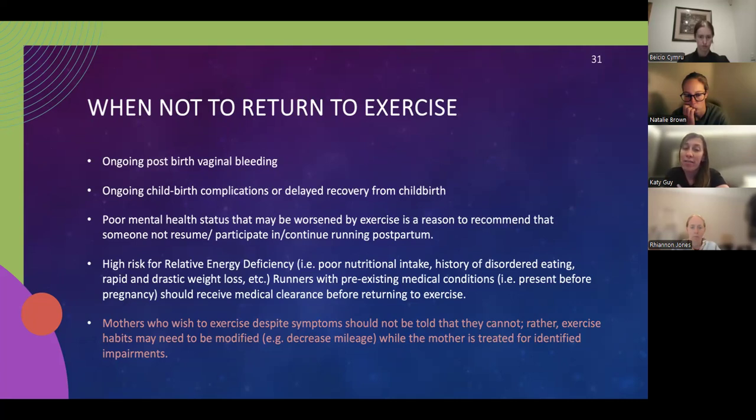And if you're at high risk for relative energy deficiency, so poor nutritional intake, or you've had issues in the past with drastic weight loss, etc., then you probably need to have a chat with a medical practitioner or your midwife before returning to exercise.